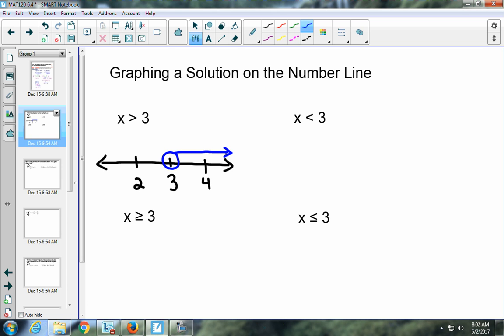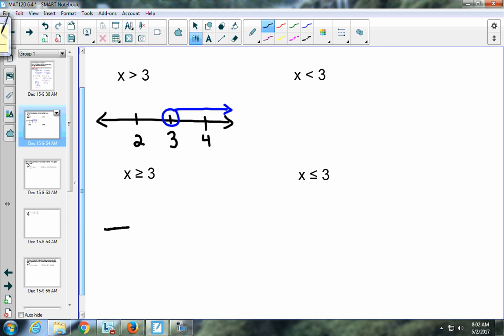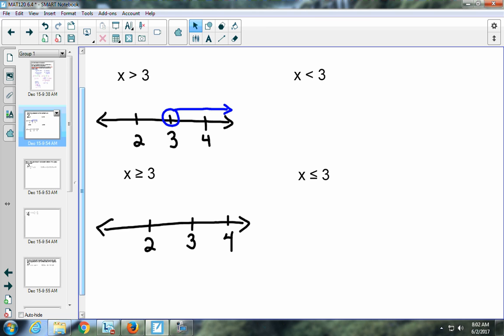If we look at this one underneath it, x is greater than or equal to 3, it's almost exactly the same. I'm still comparing x to 3, and I still want all of the things bigger than 3. So I still want my arrow to go to the right of 3. The difference is that equal to, that line underneath. This time it's perfectly okay to say 3, because 3 is equal to 3.